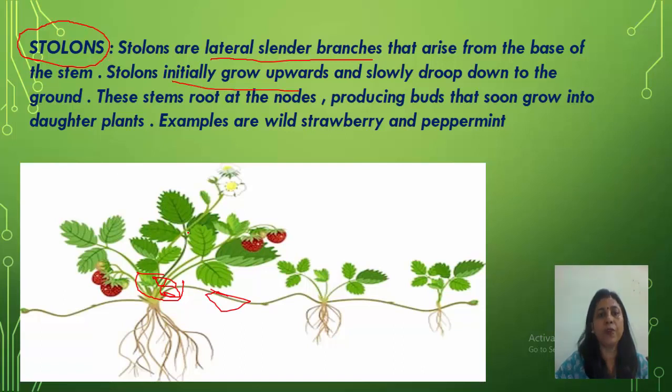Stolons initially grow upwards. Starting में ये ऊपर की तरफ grow करते हैं, then they slowly droop down to the ground. These stems root at the nodes, producing buds that soon grow into daughter plants. Examples are wild strawberry and peppermint.